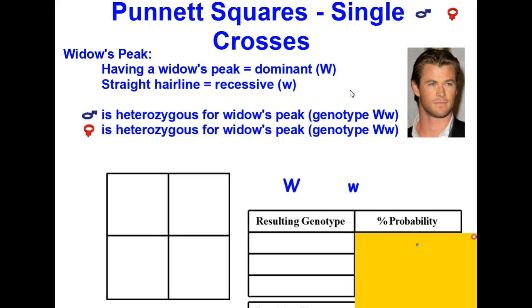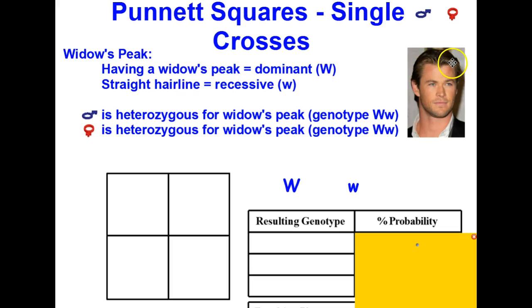To start off, let's use an example of the human widow's peak. A widow's peak is this point in the hairline here. Individuals whose hairline comes together in a point like I'm showing here have what is called a widow's peak. That is a dominant trait in humans, so we give it a capital W because the trait is dominant.